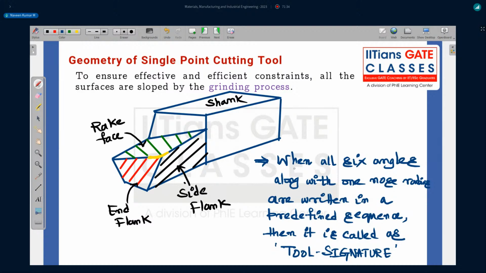ASA stands for American Standard Association system. ORS system is orthogonal rake system.